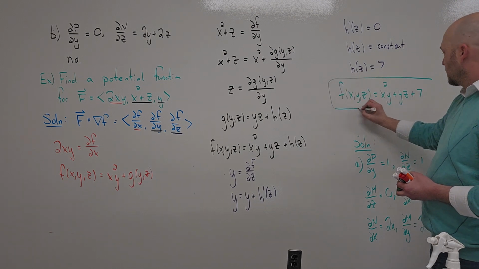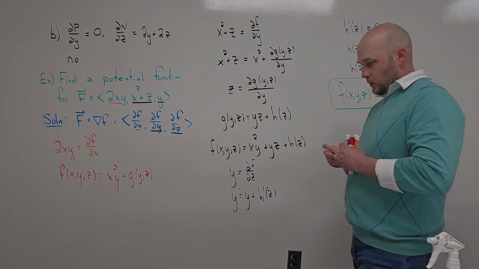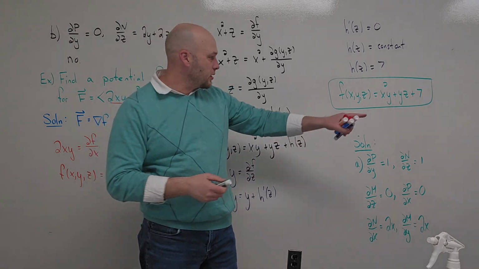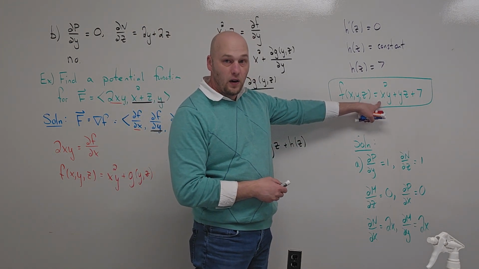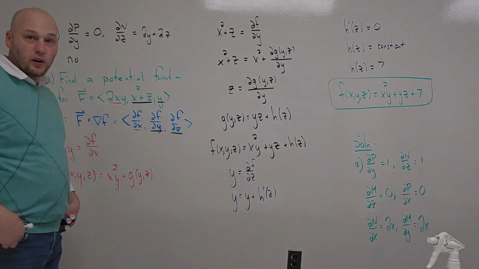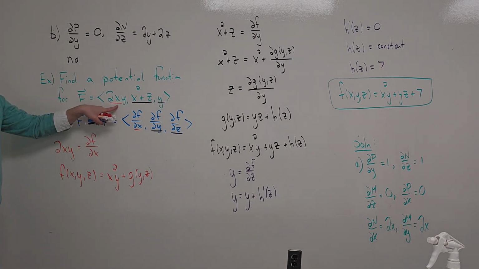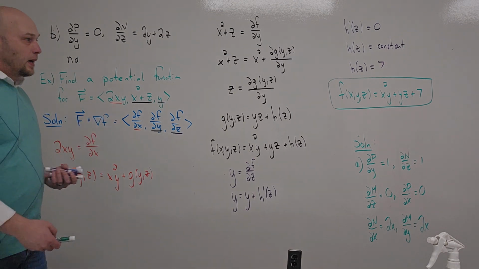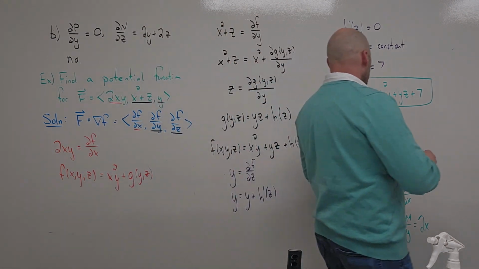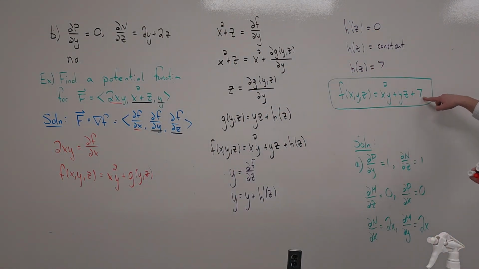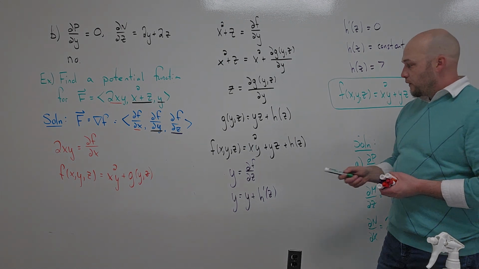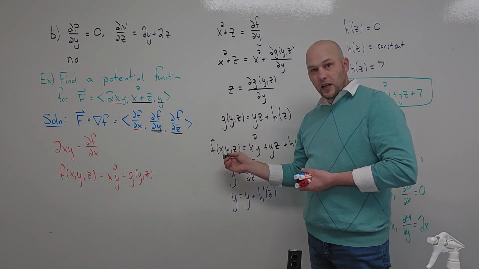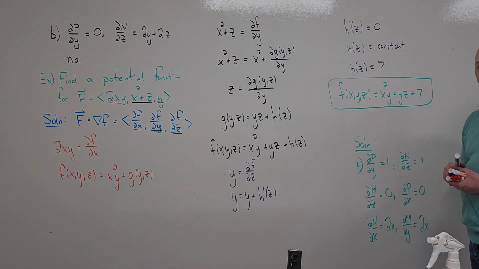So a couple of things. One, this is the function that you took the gradient of to get the vector function we started with, this vector field. Two, notice that the 7 here was just an arbitrary constant that I chose. I could have chosen any constant as long as it doesn't involve x, y's, or z's, meaning that if a vector field has a potential function, it actually has infinitely many.